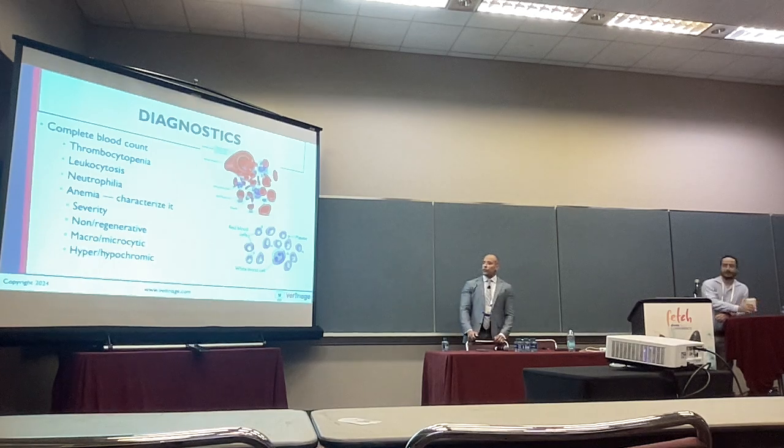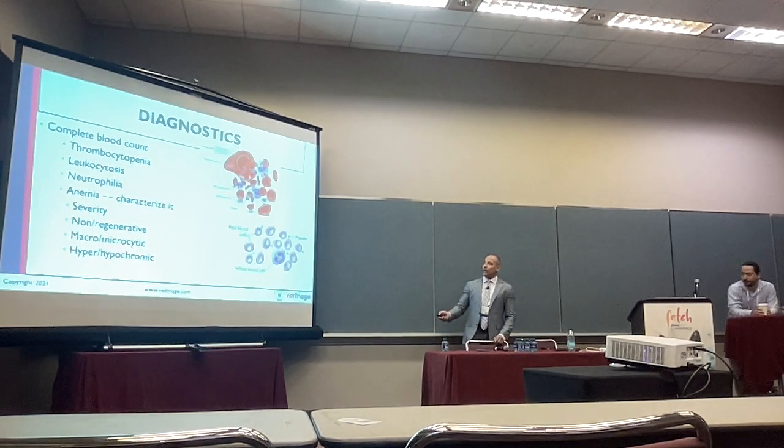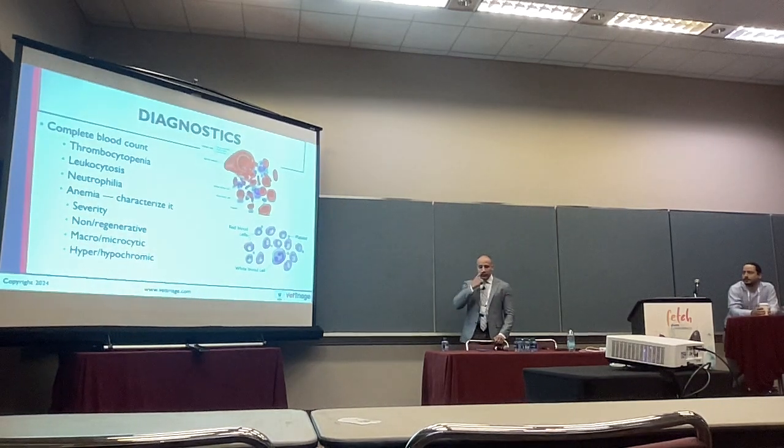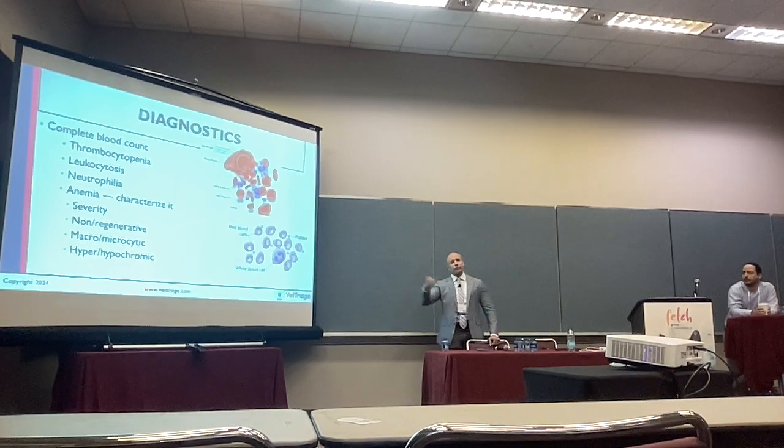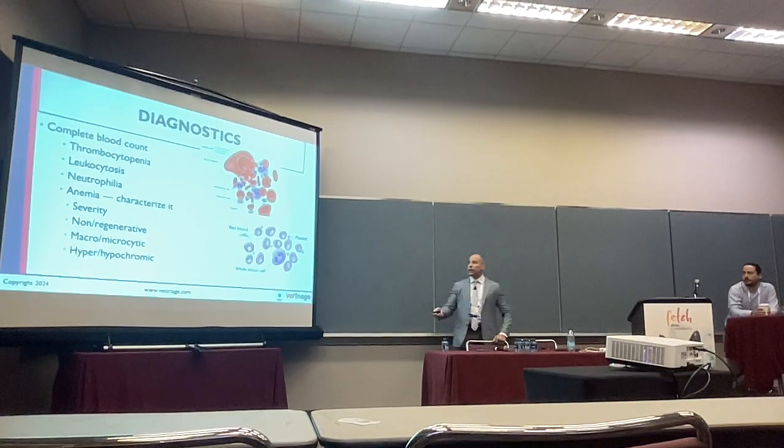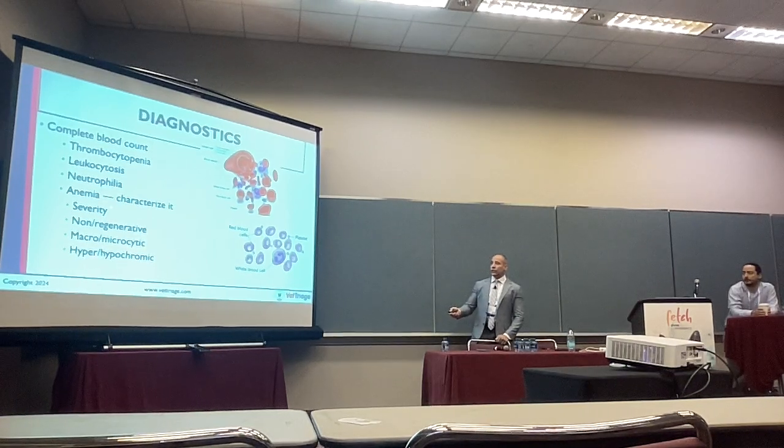So to dive in further with the CBC, these are of course the findings you're looking for. One point I wanted to make with this was anemia. You try to characterize it. Often enough, if we see an abnormal white blood cell count, we just say, okay, they have leukocytosis, and that's it, when really we should be characterizing it: leukocytosis characterized by neutrophilia, monocytosis, eosinophilia. Same thing with anemia, you want to characterize it.